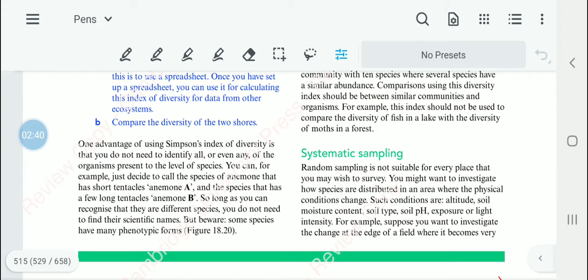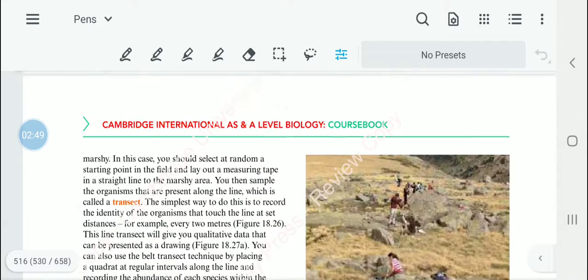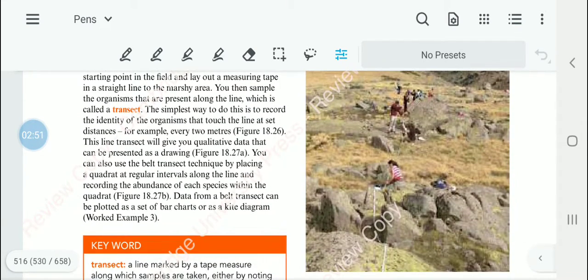So we might have to take not random but selected sampling. That means we are going for systematic sampling. There are two methods by which we can take systematic samples.